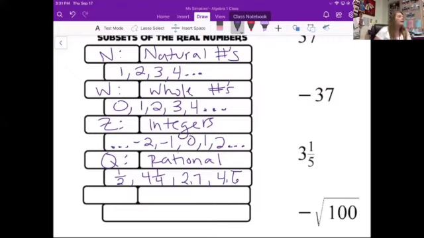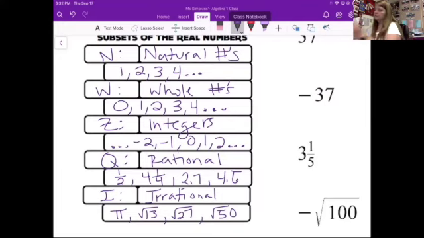And the last category is irrational. So that would be an I. And irrationals are like pi, and then any square root that's not perfect. So I'm going to do square root of 13, square root of 27, square root of 50. All of those would be considered irrational.